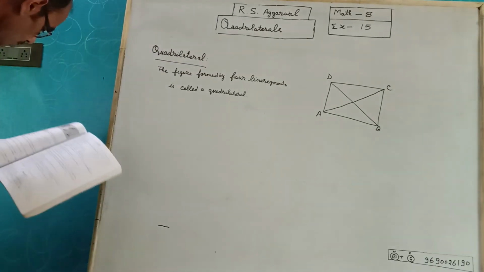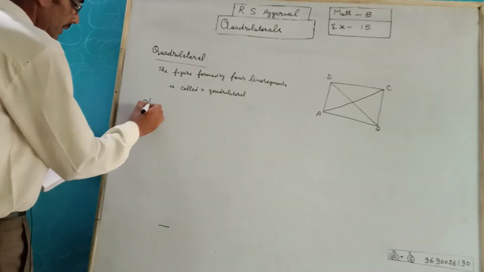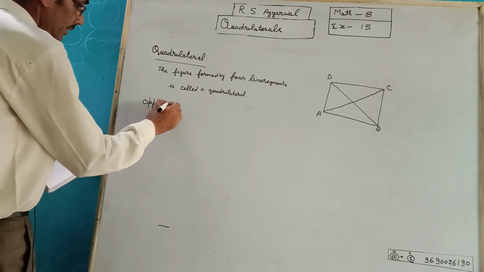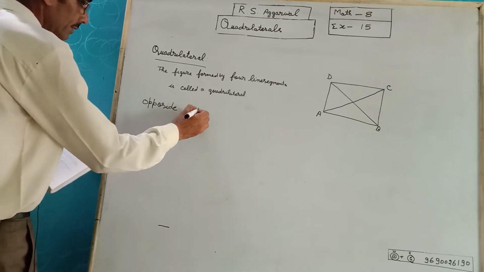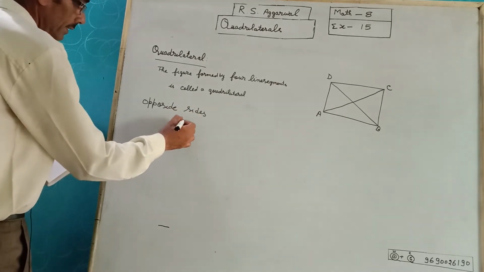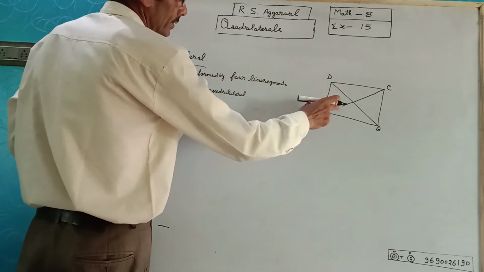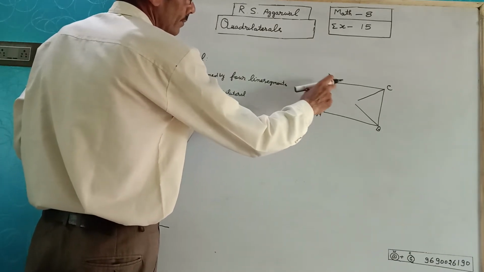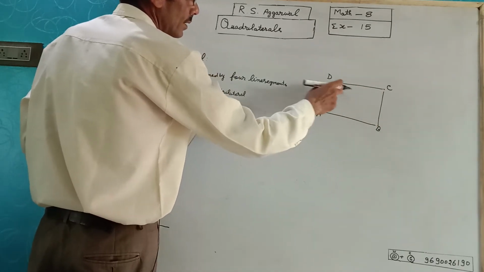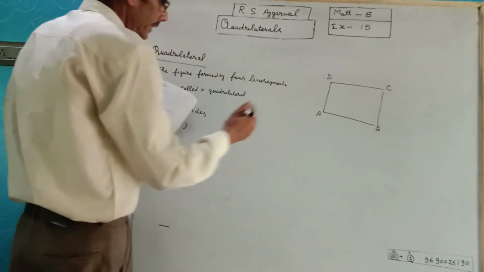Third is opposite sides. Which are opposite sides? First pair is AB opposite DC.